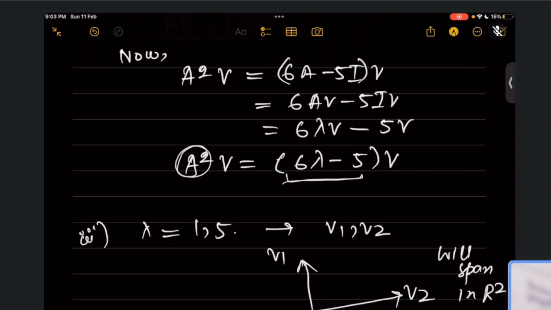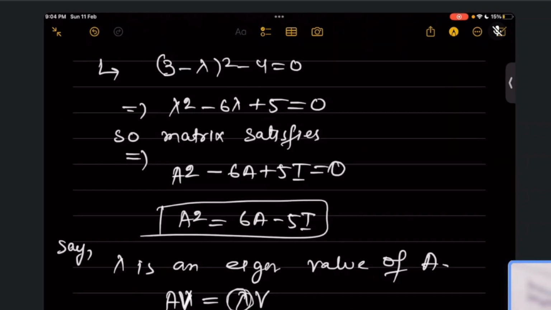And other eigenvectors will be linearly dependent on them. Meaning these two are the only independent eigenvectors for this matrix A. Other eigenvectors we will be getting from these two only. So from 1 and 5, we are getting two vectors, and from these two vectors only it will be spanned, right?